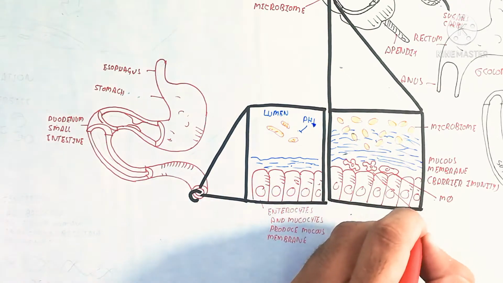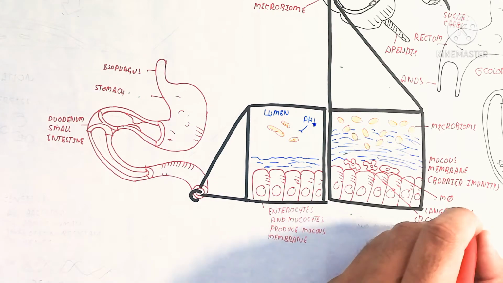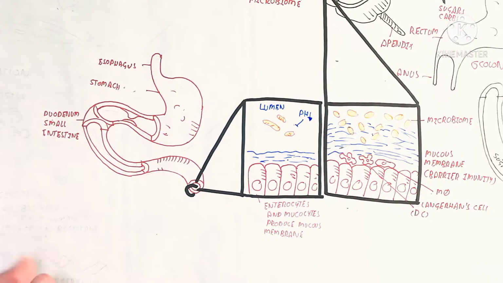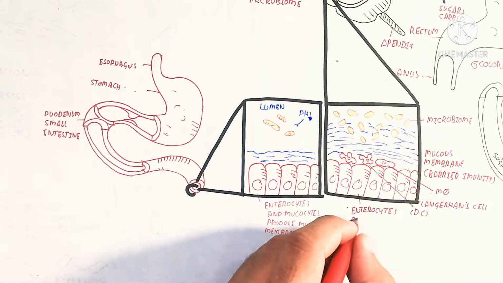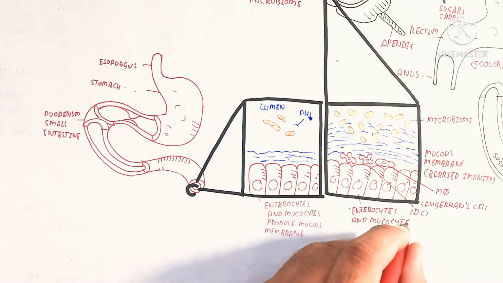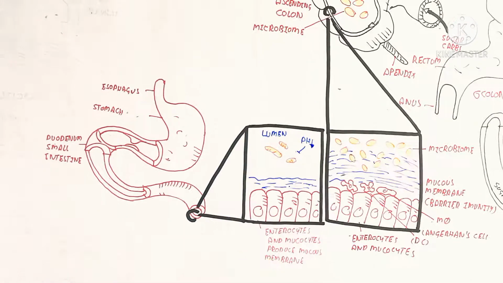Another important thing is that barrier immunity is the mucous membrane, while here the macrophage and dendritic cell, also known as the Langerhans cell, are part of the innate immunity, which engulf the pathogen to prevent pathogenicity.